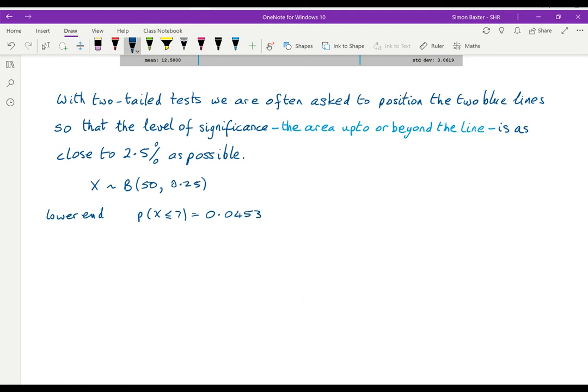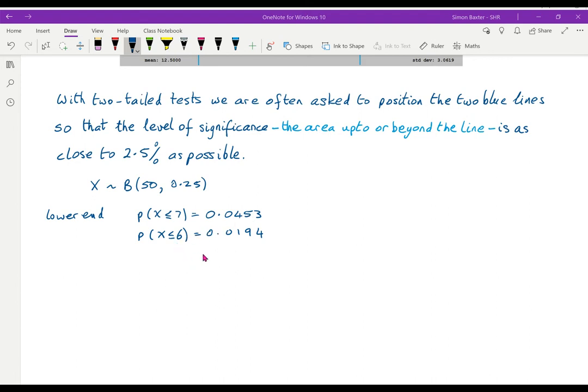If I want to make that smaller at the lower end, I've got to make the number smaller. I've got to go below 7. X less than or equal to 6. If we look that up in our tables, it's 0.0194. Now, for any other values, if the number gets bigger, then the percentage is going to get bigger.